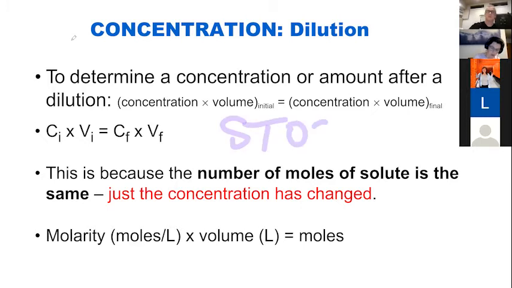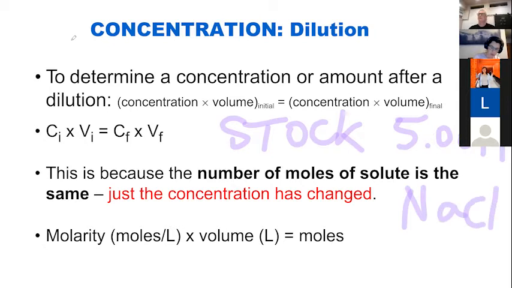So if I have, let's say, a 5 molar solution of sodium chloride, for whatever buffer or solution I'm making, I'm not going to need that, it's a really high concentration.